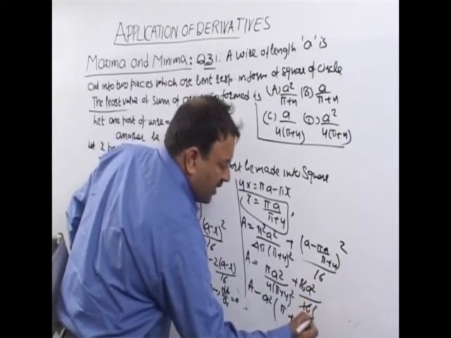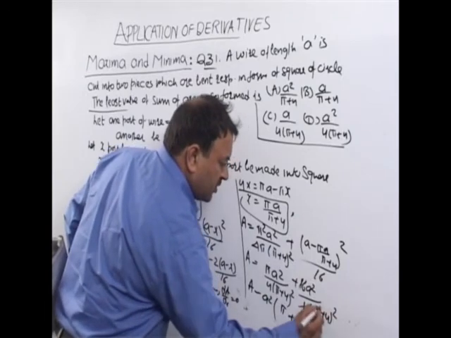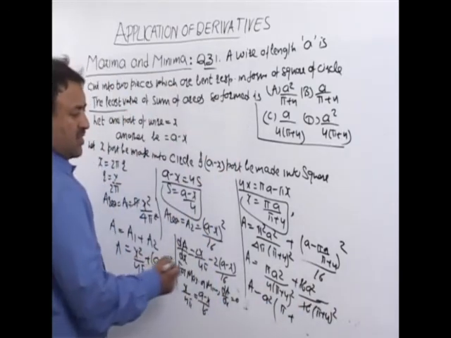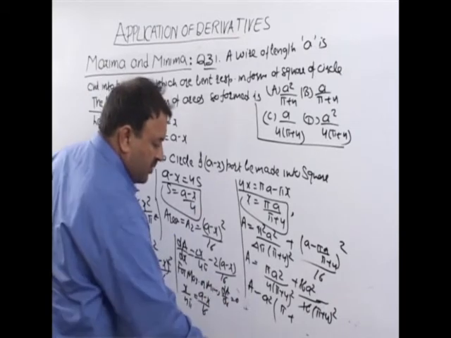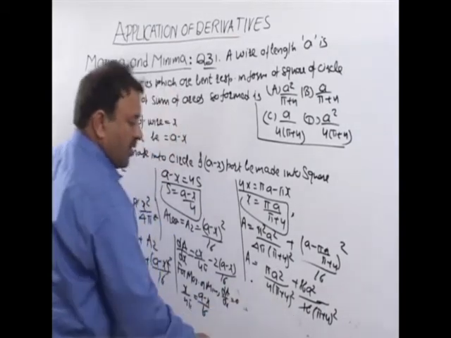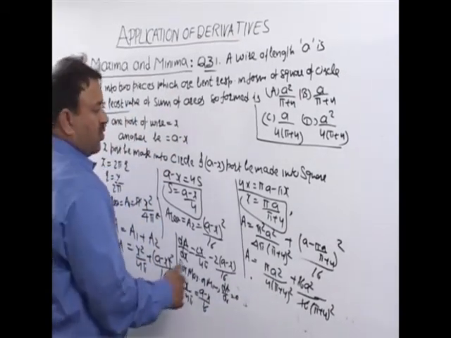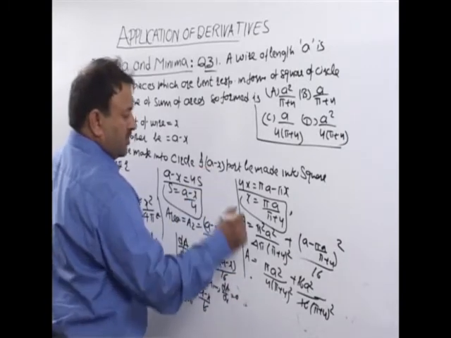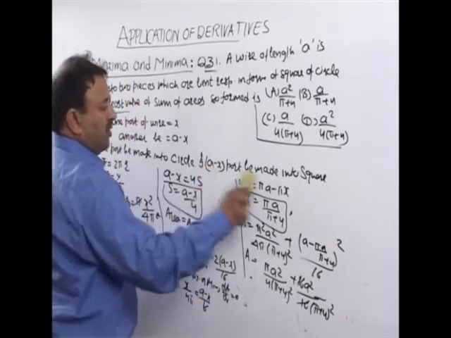So यहाँ पे ये आएगा into pi plus 4 the whole square. Area I just write down here. यहाँ पर क्या आ जाएगा? I just write down over here.